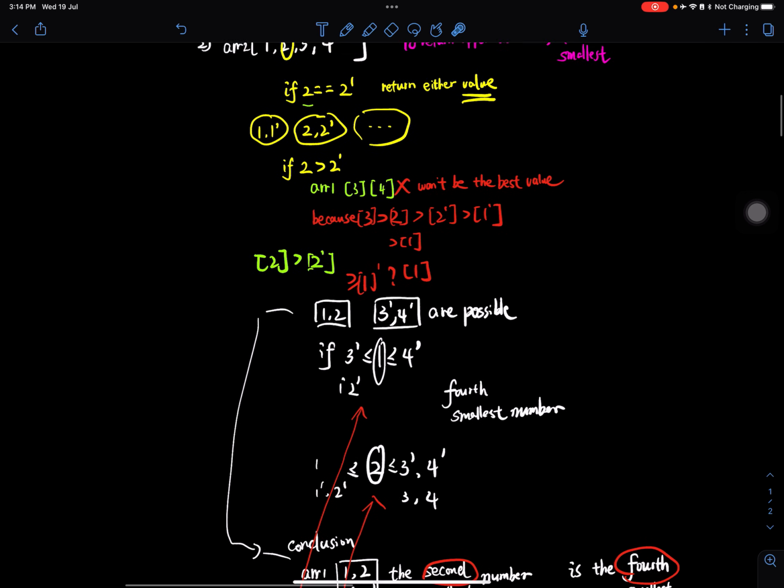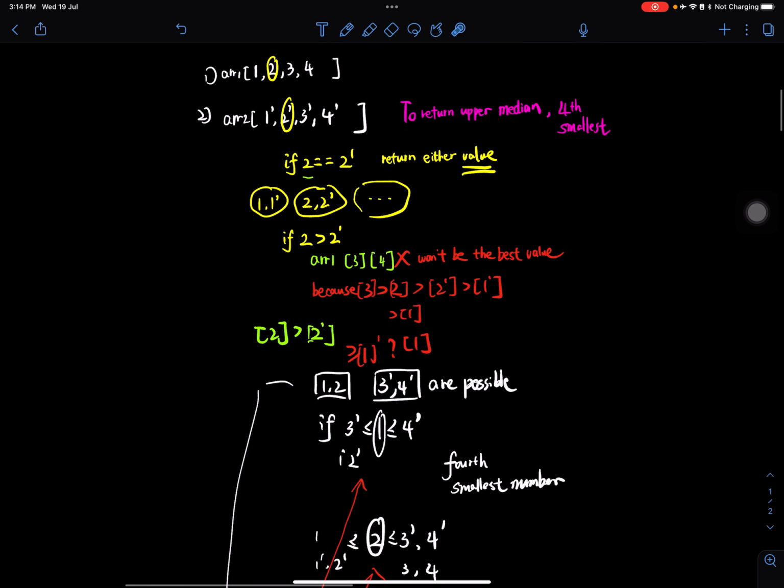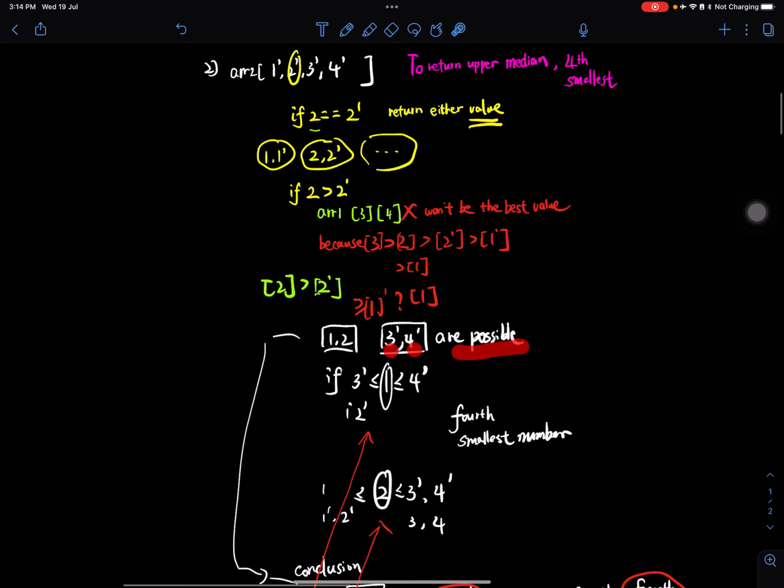So we can conclude actually the values of index 1 and 2 and index 3 prime and 4 prime are possible answers. Let's give an example. For example, if the value of index 1 is greater than 3 prime and smaller than 4 prime, then you can see this logic, because in front you already have 3 which satisfies this criteria.